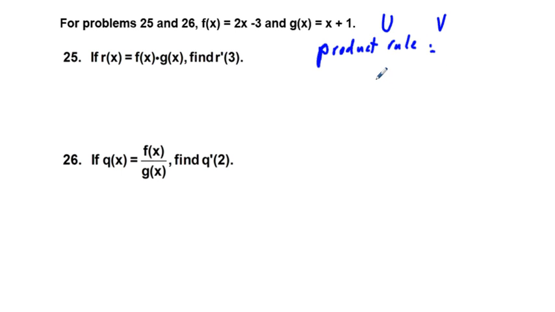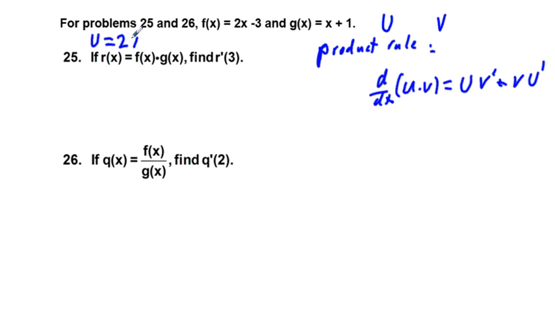If you want to have the derivative of the product of two functions, we have u and v, we have u v prime plus v u prime. So in this case, let's say u is equal to 2x minus 3, and u prime is equal to 2, v is equal to x plus 1, and v prime is equal to 1.